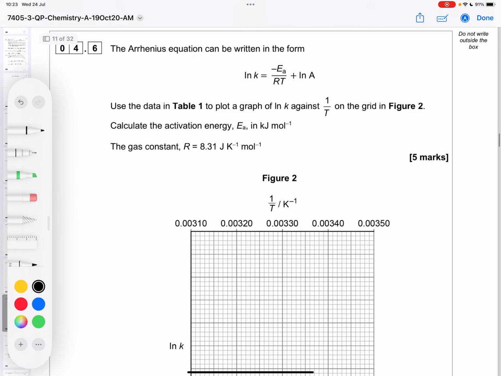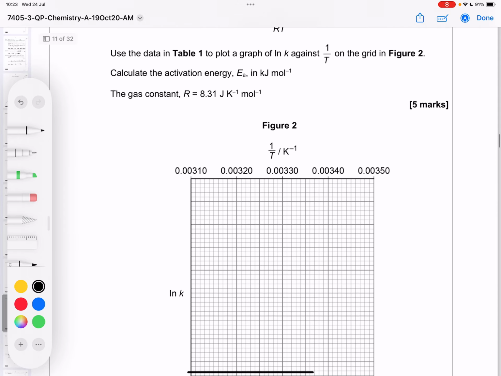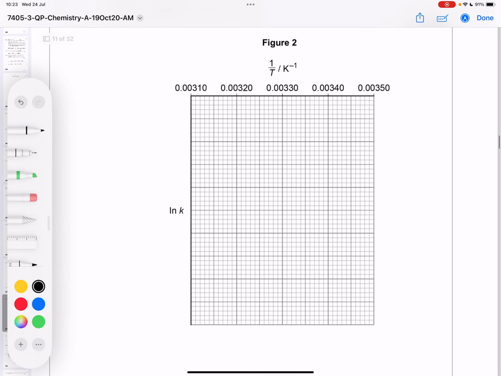The Arrhenius equation can be written in the form ln k is minus EA over RT plus ln A. Use the data in table 1 to plot a graph of ln k against 1 over T. So they've given us the 1 over T scale from 0.00310, where our first reading is, to 0.00350, which encapsulates our biggest at 0.00341. But they haven't filled in the ln k scale, and we need to go from minus 13.6 to minus 17.7.